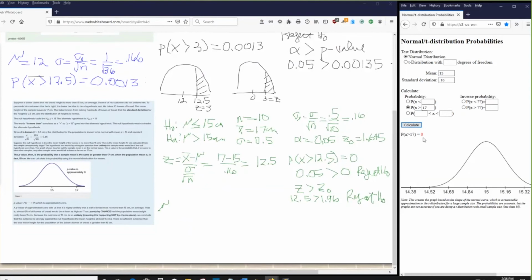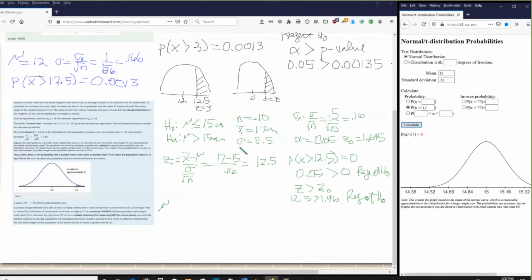Okay, any questions? Okay, and so what this means, if I'm rejecting the null hypothesis, is that the data does not support the null hypothesis, and so we would conclude that the data favors the alternative hypothesis.